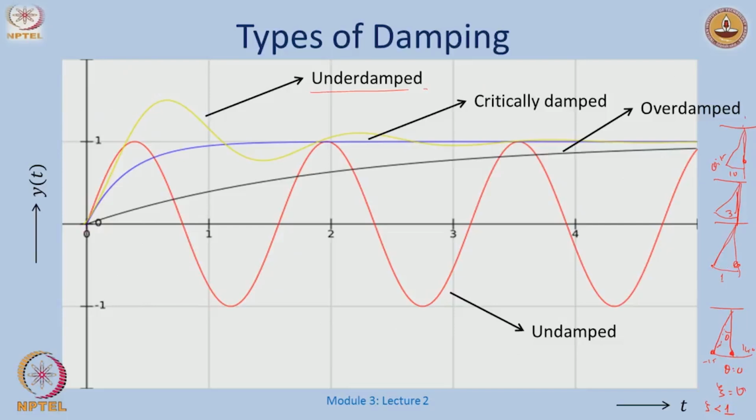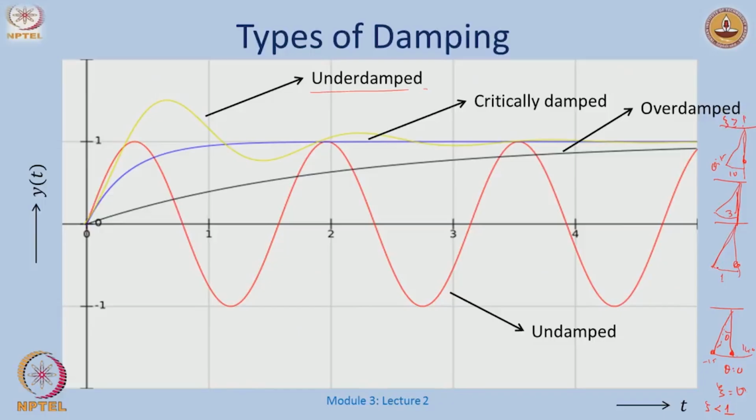There could be a situation where I go from here till here in 1 second and just stop, not going beyond theta equal to 0. It could take 3 seconds, it could take 5 seconds. These things vary with zeta: zeta equal to 0, zeta less than 1, and then all this behavior would be zeta greater than or equal to 1.